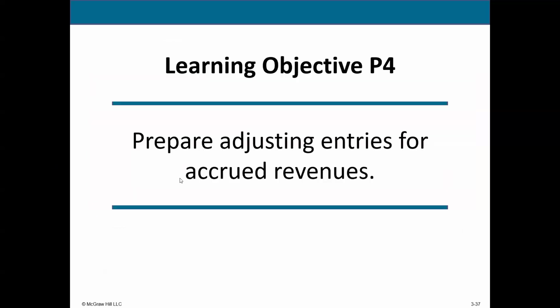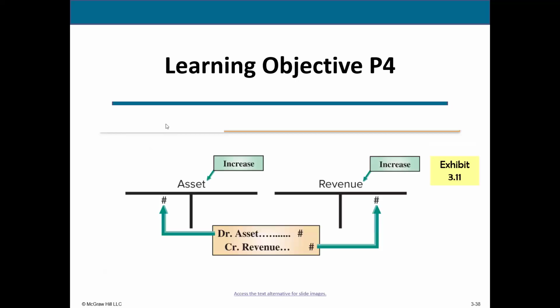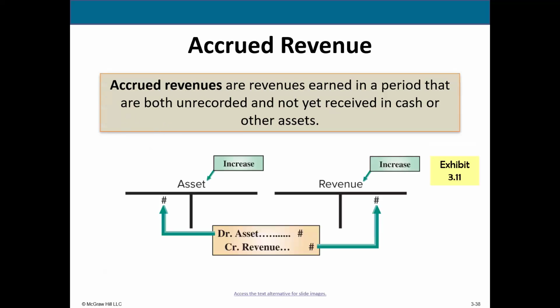The other one that you need to know about is accrued revenue. Accrued revenue is when we have earned the revenue, but we have not yet recorded the revenue, and the customer has not yet paid us. That's what we call accrued revenue.